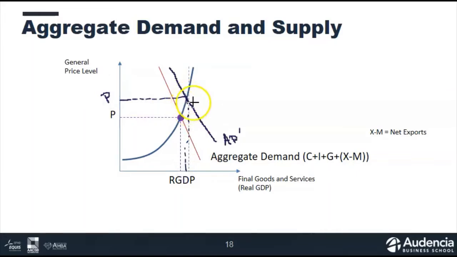Not quite at the potential, but almost. So we push up demand, and we see prices going up. We see production increasing. As production increases, we get closer to full employment GDP, and cyclical unemployment is going to start to decrease.